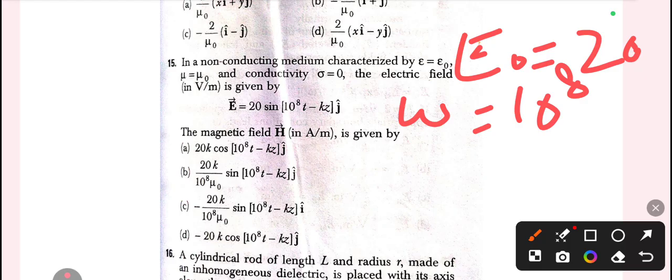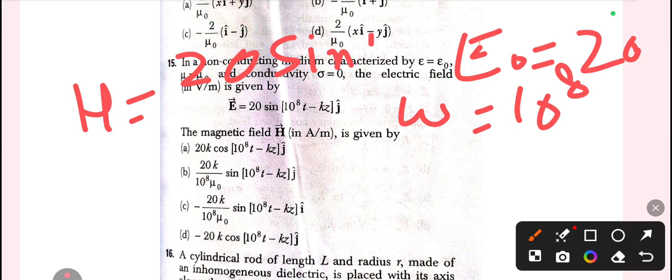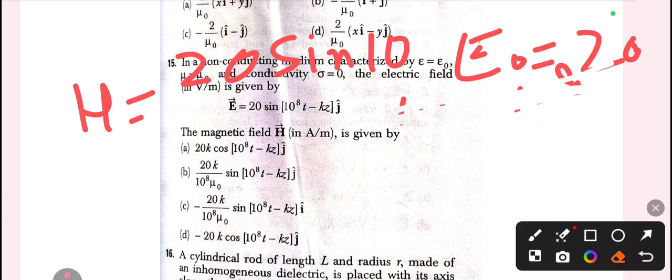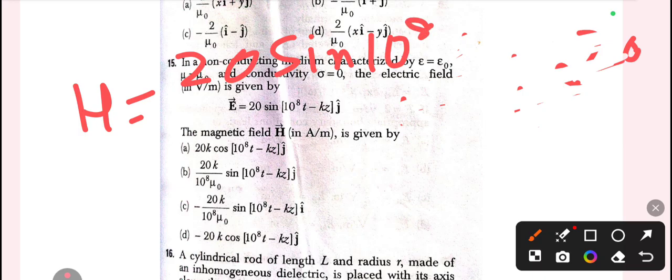Therefore H equals 20 sine of 10 to the power 8 t minus kz into j unit vector.